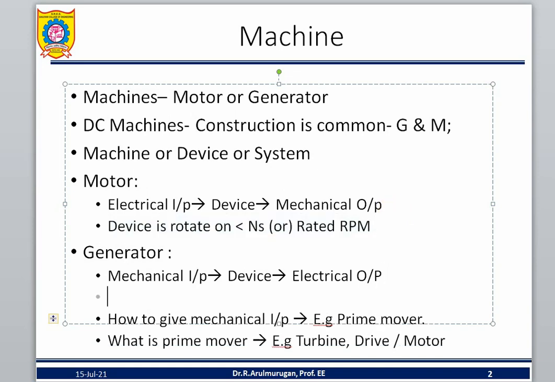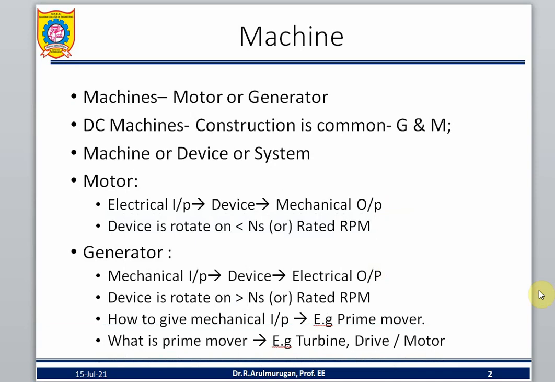If the machine rotates above the rated rpm, or above the synchronous speed, it acts as a generator. So the motor and the generator are classified on the basis of this method.